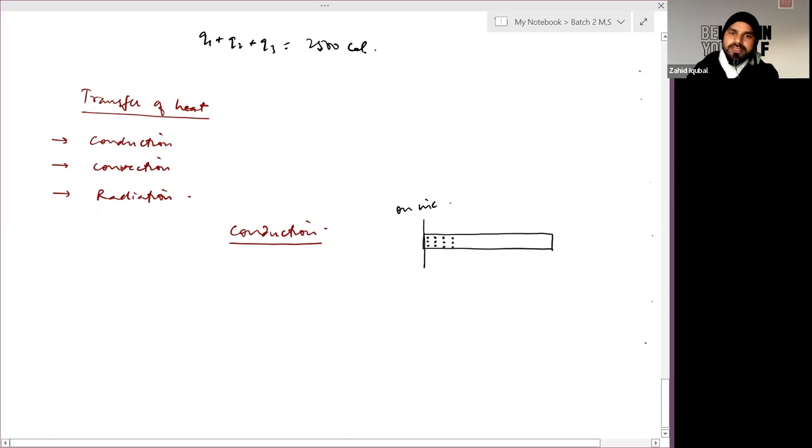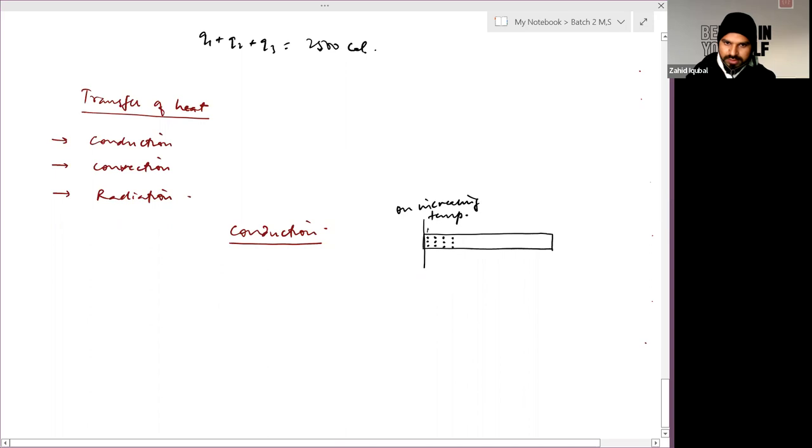According to the concept of thermal kinetic energy, the kinetic energy of the particles increases. On increasing kinetic energy, they will vibrate to some larger distance.